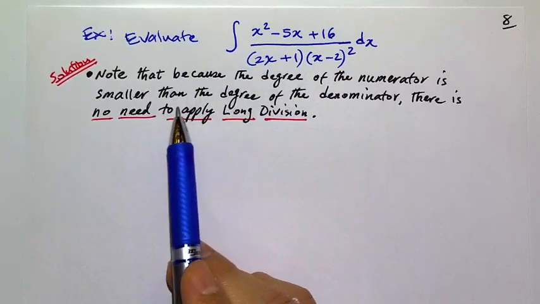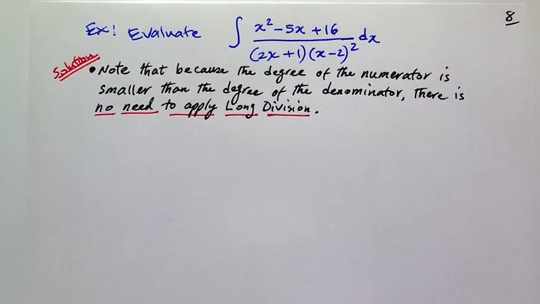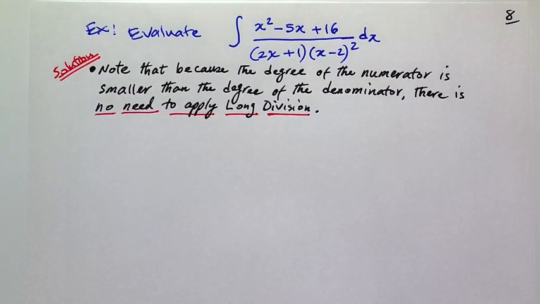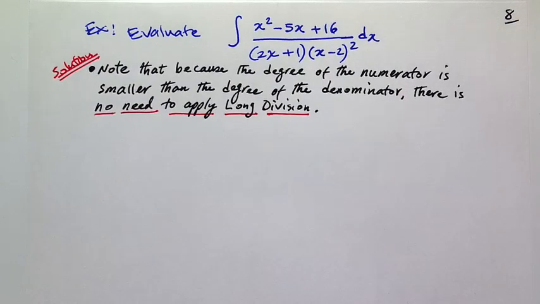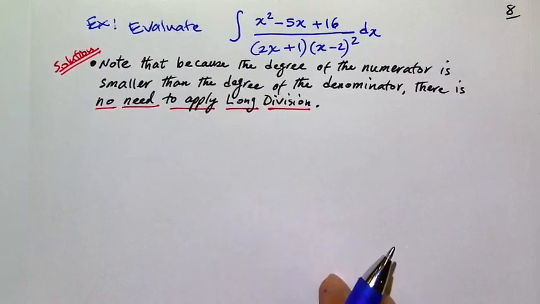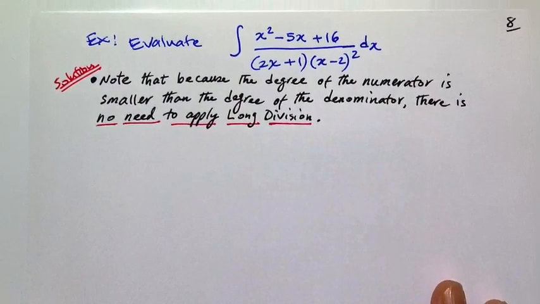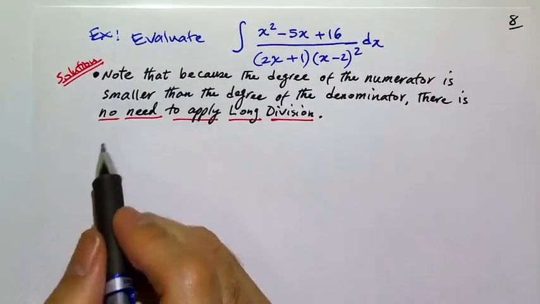Because of that, there is no need to apply long division here. And we wouldn't be able to apply it anyway, so that technique is right away out of the question. Okay, so let us then break this up in partial fractions.